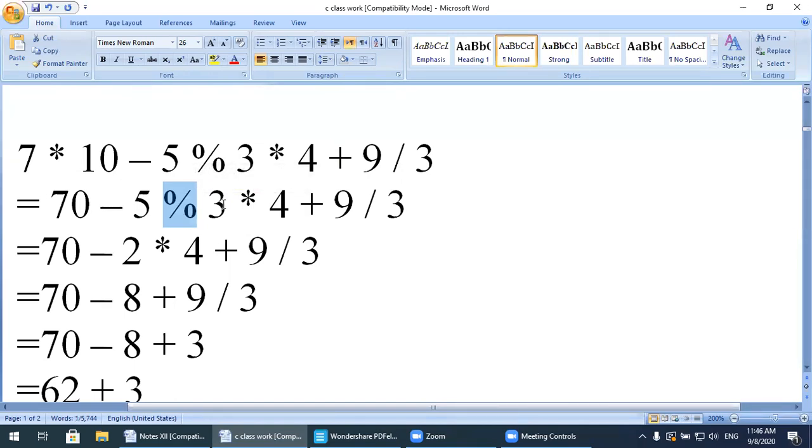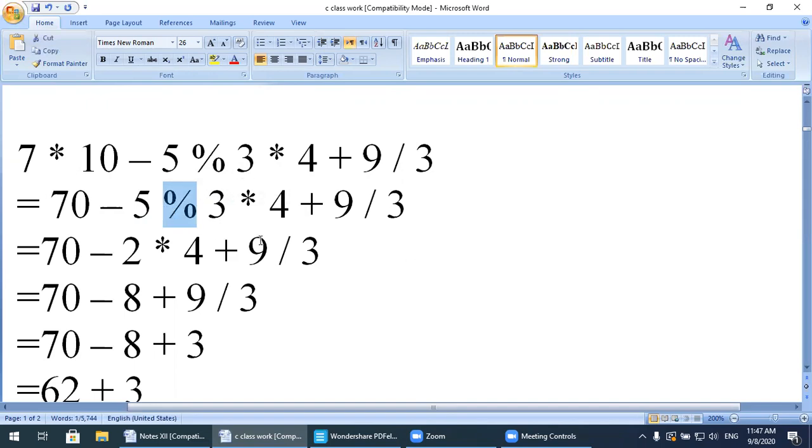Now in this case, what will be the answer? 5 % 3. Keep in mind, integer division in C++ always produces two results. Why am I saying two results? One is the quotient and the other is the remainder. So keep in mind this percentage operator is used for the remainder.